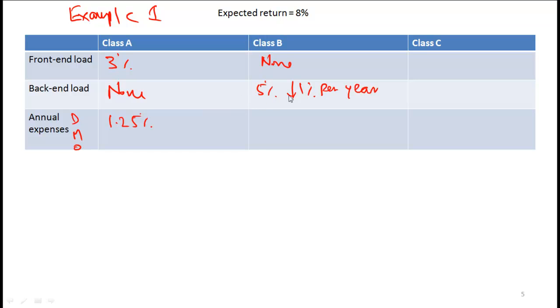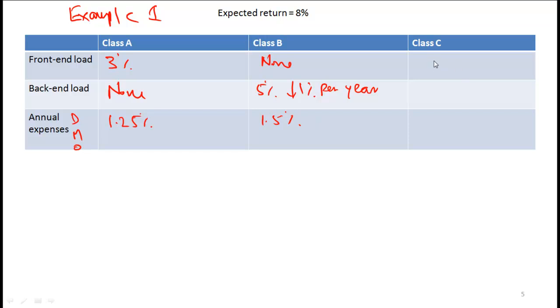So if you keep your money in for 1 full year and withdraw after that, then there will be a 4% charge. If you keep your money for 2 years, then there will be a 3% charge when you redeem, and so on. So obviously investors are being encouraged to leave their money in the fund for as long as possible, and in this case the annual fee is 1.5%.